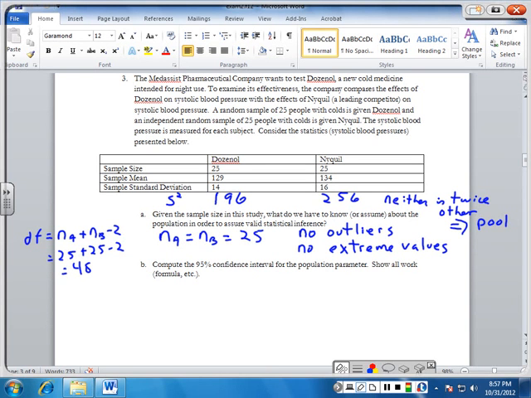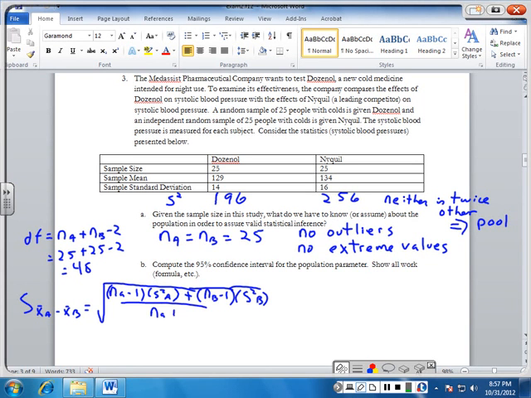And then the standard error, S of x bar A minus x bar B, is equal to the square root of (NA minus 1) times S squared A, you can put those in either order, I can't remember what I have them on the formula sheet, plus (NB minus 1) times S squared B, over NA plus NB minus 2, times (1 over NA plus 1 over NB).